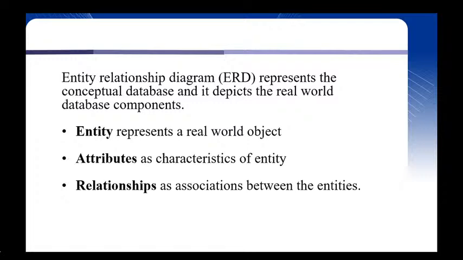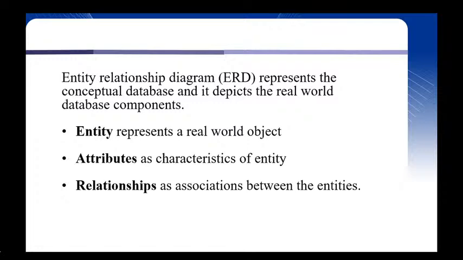In an ERD, there are three components: entity, attributes, and relationships. An entity represents a real-world object. Any real-world object in the real world is called an entity. The ones that describe the characteristics of that entity are called attributes.